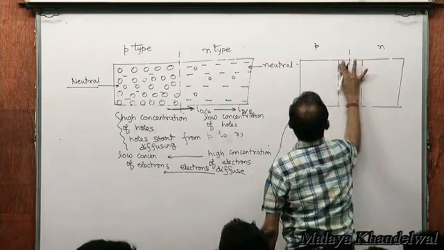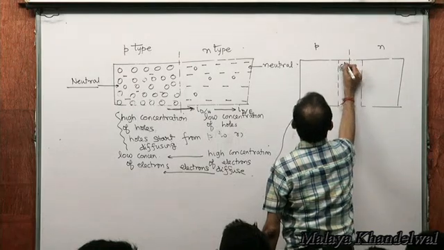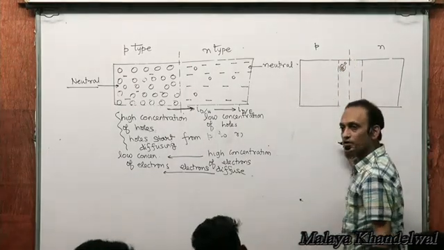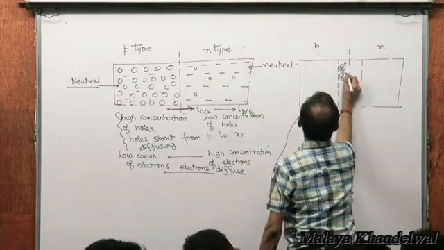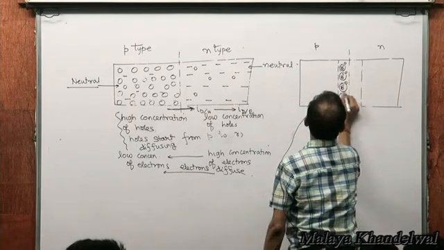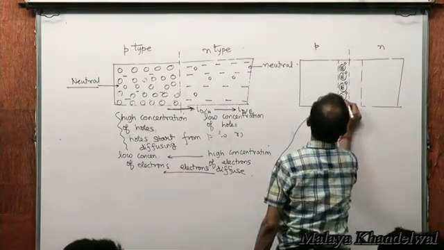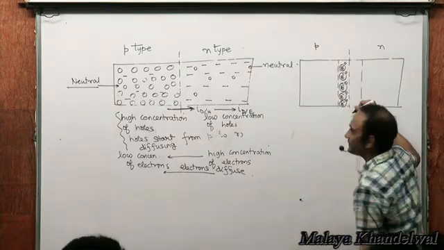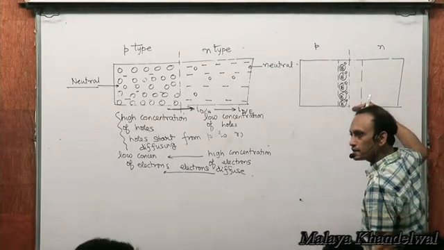Boron, that was negative, and there was a hole produced by boron. Boron negative and a hole, boron negative and a hole. And this layer is going to be a layer of phosphorus ions.